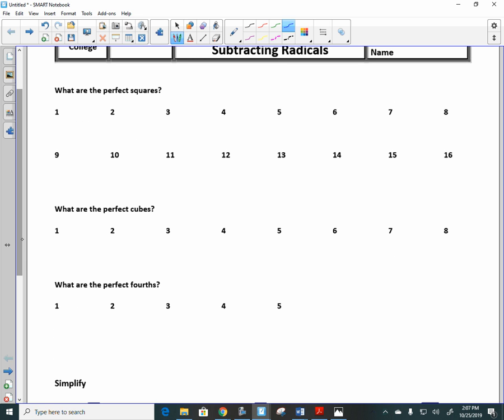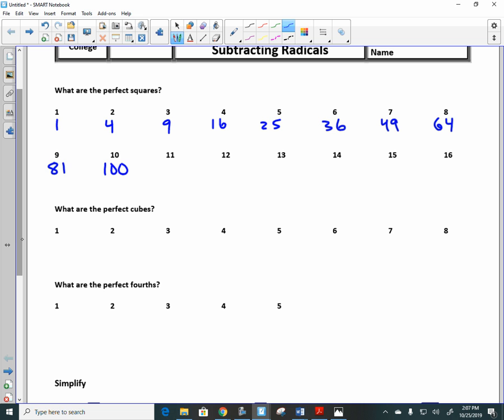So we have 1 squared is 1. 2 squared? 3 squared? 4 squared? 5 squared? 6 squared? 7 squared? 8 squared? 9 squared? 10 squared?